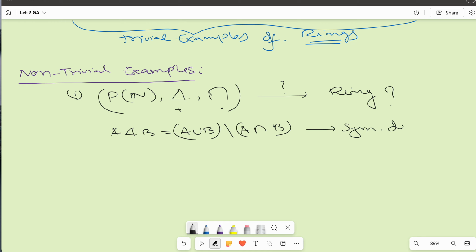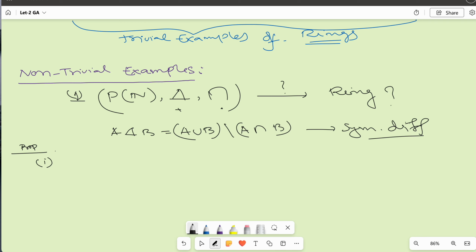So can you verify that this forms a ring structure? Let me verify it one by one. So this is one example, and let's verify the properties.